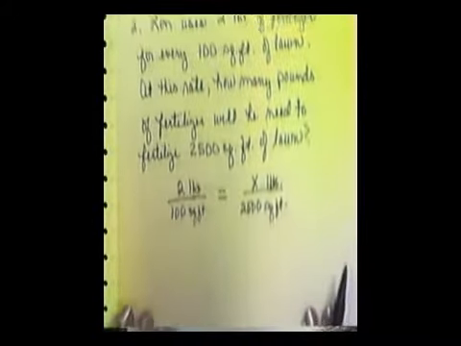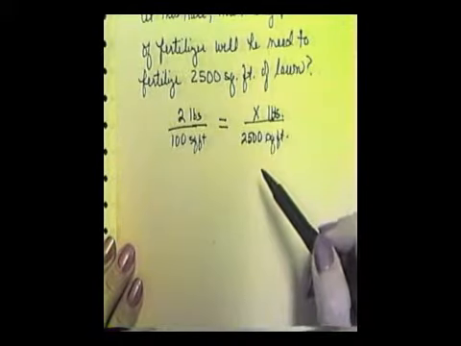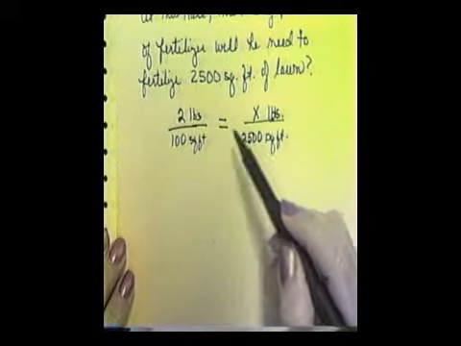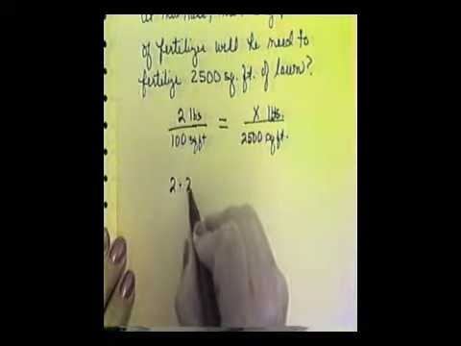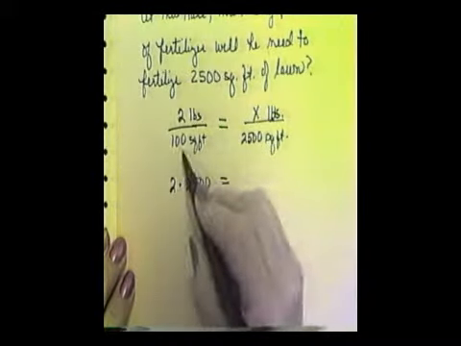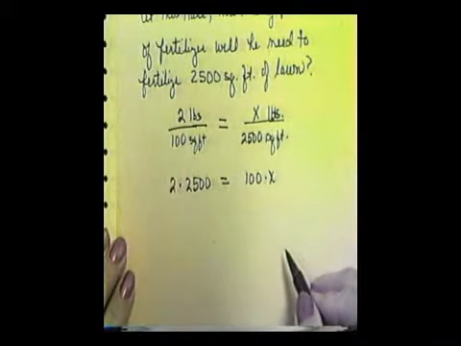And now that we have our proportion set up, what we want to do is solve the proportion. And we solve the proportion by cross multiplying. So we're going to multiply 2 times 2,500, and that's equal to 100 times x, the product of the means.